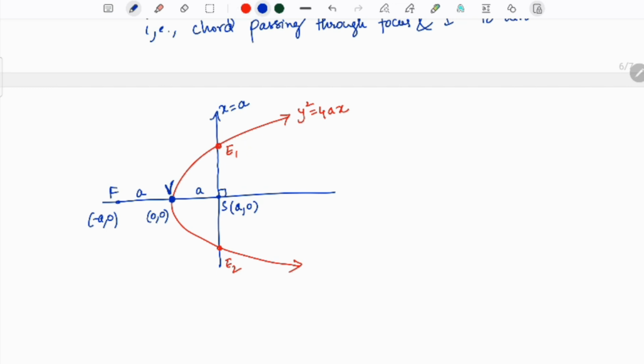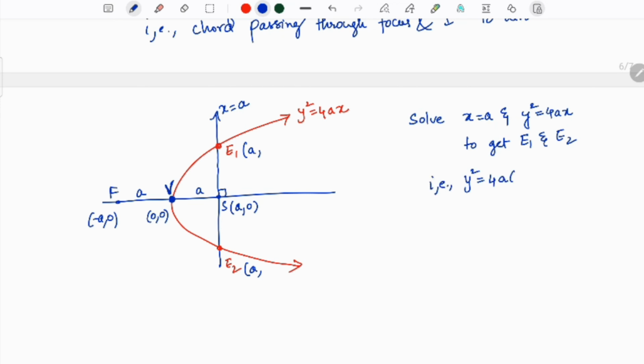To get E1, your x coordinate should definitely be a, right? So solve x is equal to a and y square is equal to 4ax, because E1 and E2 satisfy both. Put x equal to a in this. y square is equal to 4a into a, that is y square is equal to 4a square.